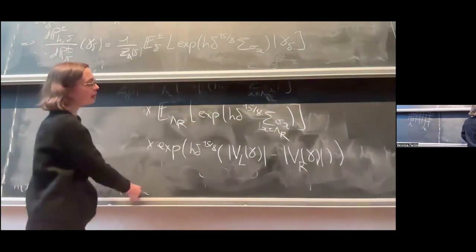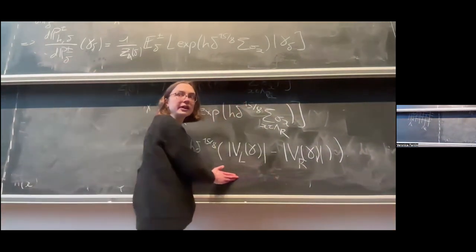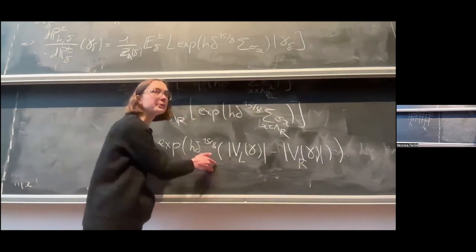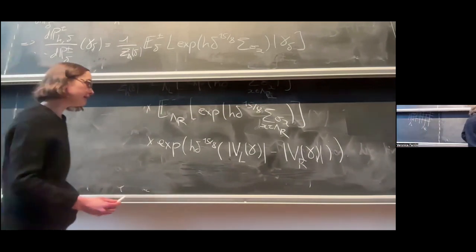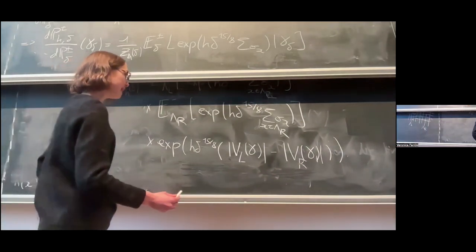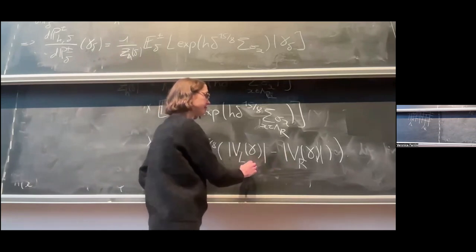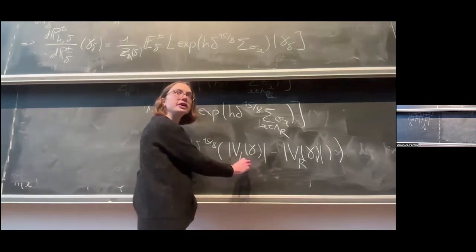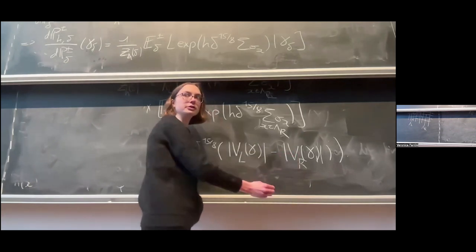And then you have this term that is kind of the magnetization of the interface. And you have to do something with it because it could be potentially problematic. But here, everything is okay because if you think about it, this is in between minus the total number of vertices along the curve and plus the total number of vertices along the curve.